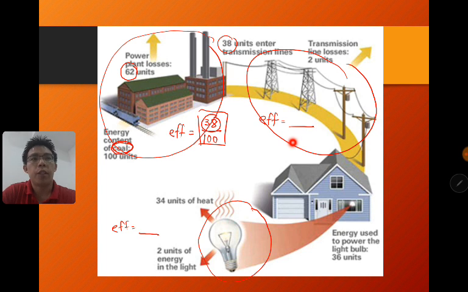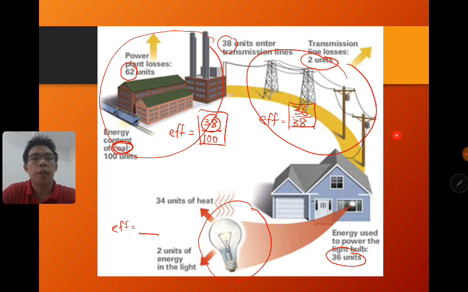So for the transmission line, because the loss is 2 units, it will have 36 units, indicated down here. So it is 36 units out of 38, because that's the amount that enters. The fraction is 36 divided by 38.